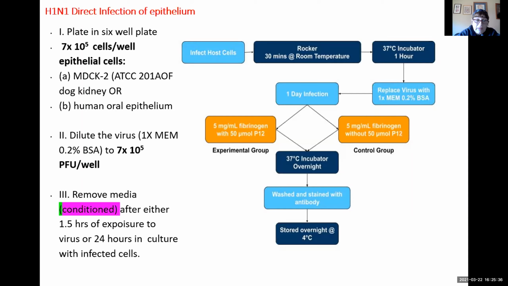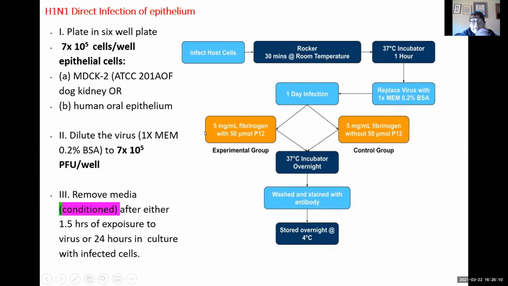And they were infected with virus at an MOI of sort of one virus particle per cell. And we followed standard protocol, infection for 1.5 hours on a rocker, and then 24 hours at 33 degrees. This is what you do for expanding the cells on MDCK. And then after all that, we washed away the virus and exposed it to fibrinogen.